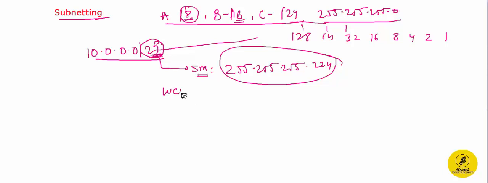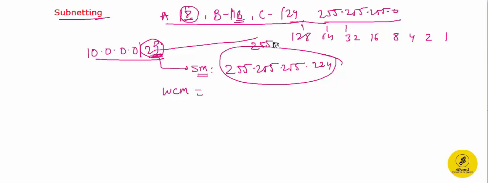Next, we need to find the wildcard mask. The wildcard mask tells you what the range for the network will be, like when does the new network start? The wildcard mask is exactly opposite of the subnet mask. What you need to do is subtract each octet of the subnet mask from 255.